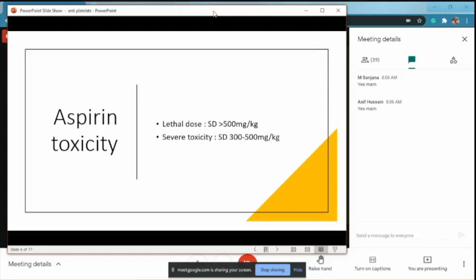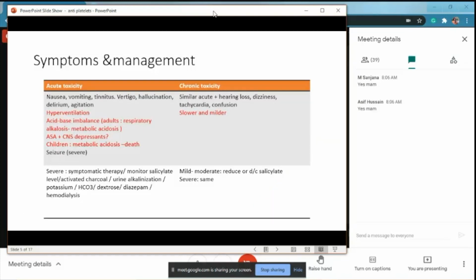Now let's have a look at the symptoms and how we manage the toxicity. We are classifying here as acute toxicity and chronic toxicity. If the patient has acute toxicity, the most common symptom you have to remember is hyperventilation. Whatever I highlighted in red, at least you have to know that.